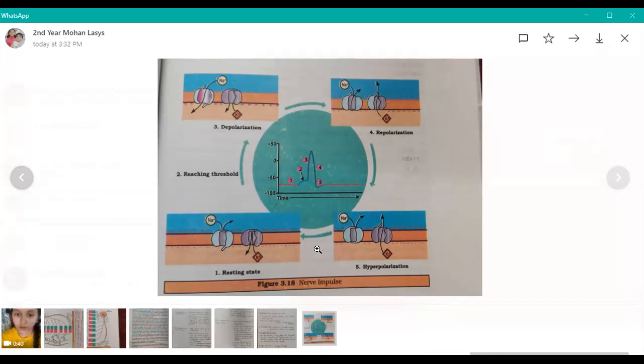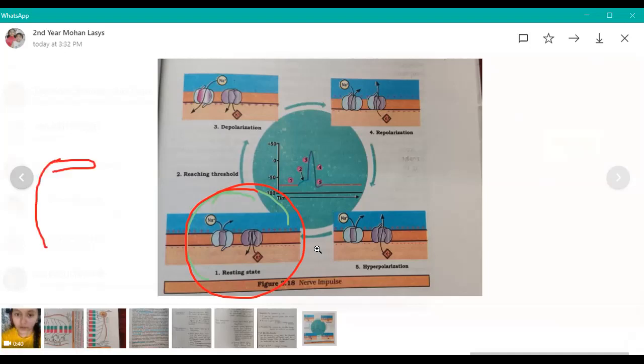You see, this is the resting state. Okay, let me use another color. This is the resting state. We are showing gates, only gates. In this area I'll draw here so that you may understand this properly.